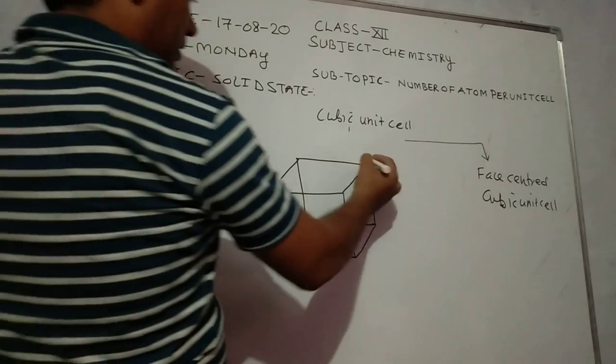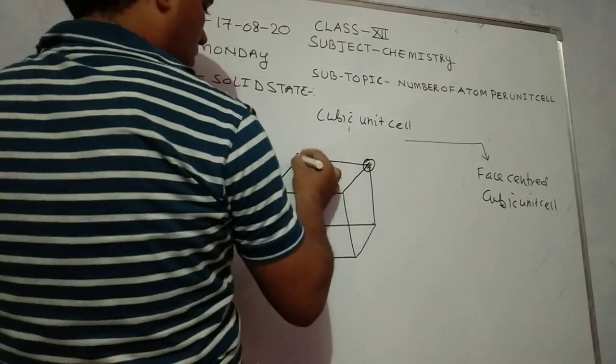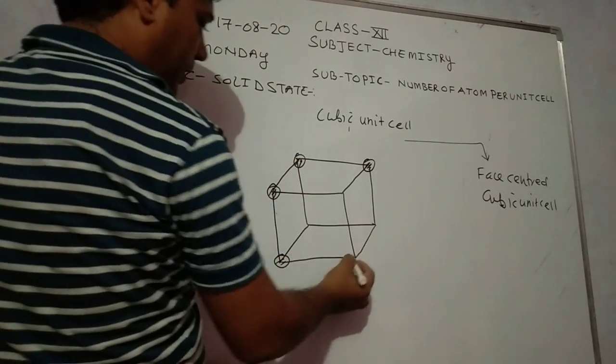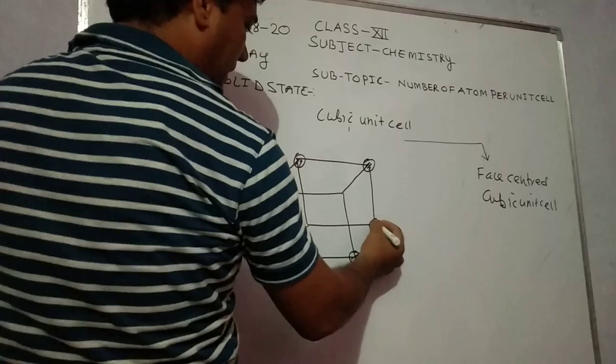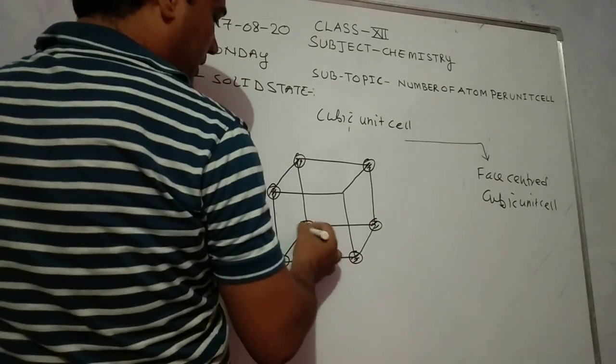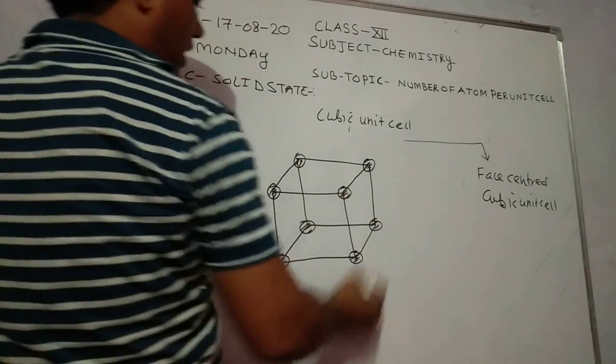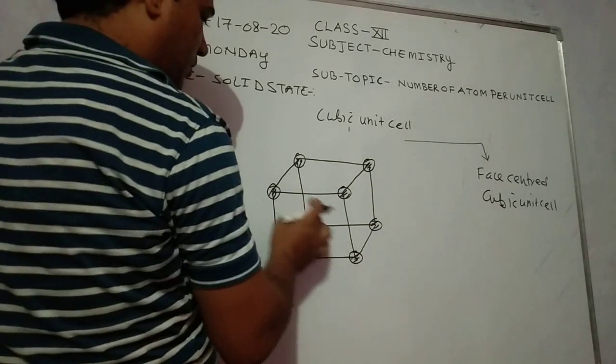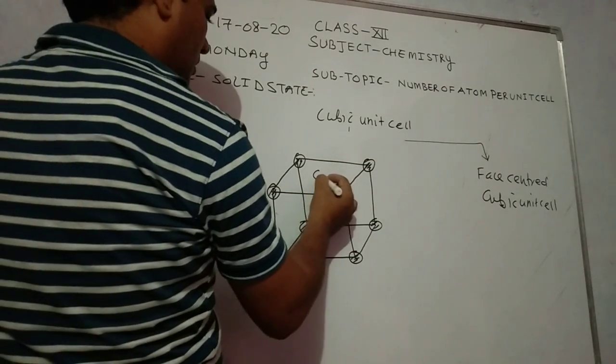So each corner contains a lattice point. How many corners? The total is equal to 8 corners. And the number of faces is equal to 1, 2, 3, 4, 5 and 6.